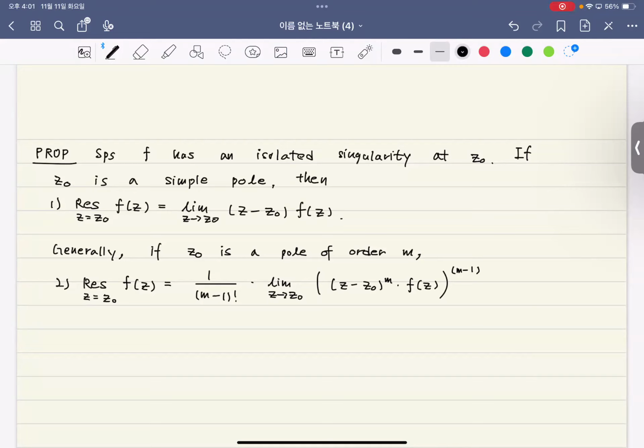This is getting more complicated, but it is a nice generalization of statement number 1. Maybe I will need to give you a decent proof of statement number 2.